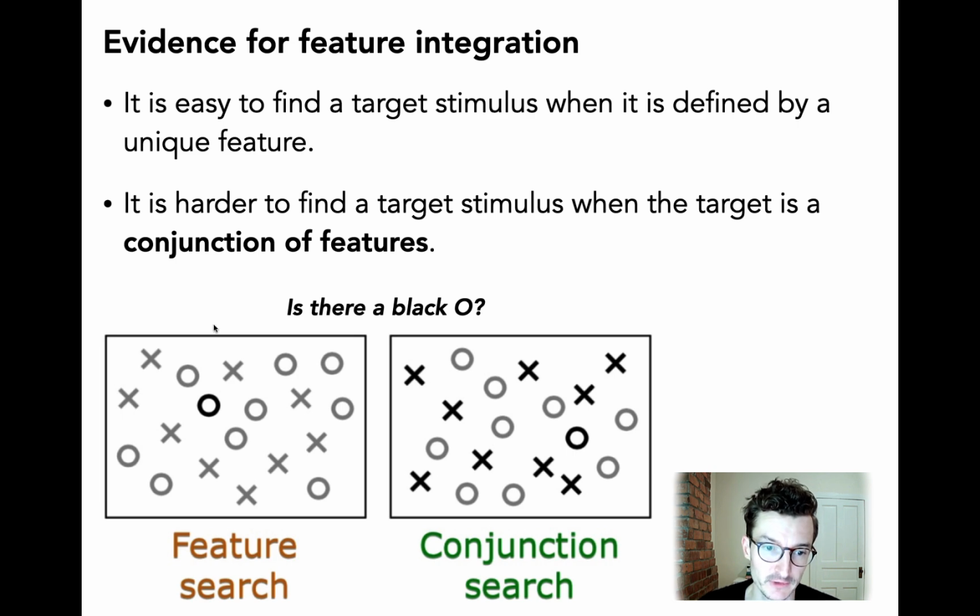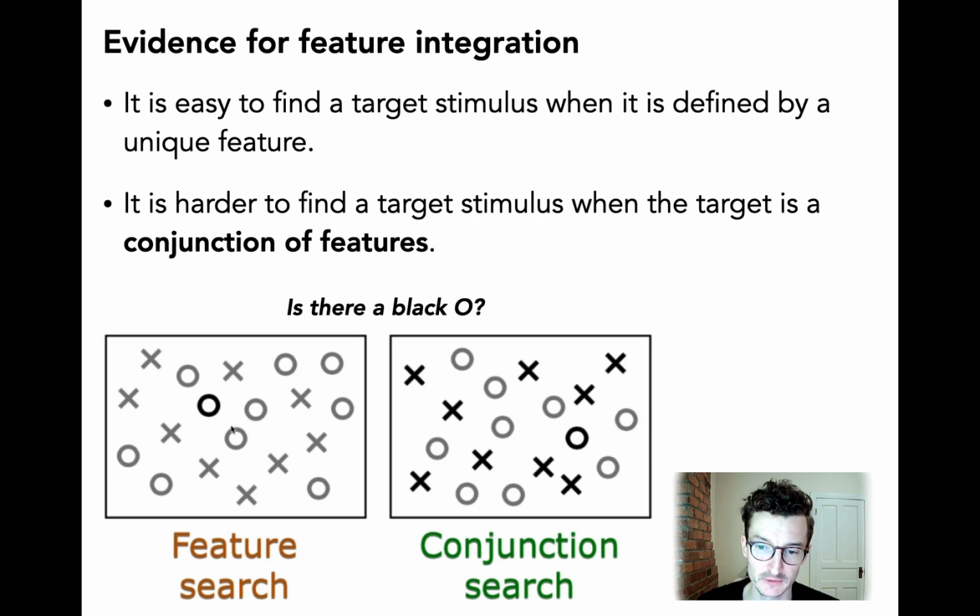So for instance, if you look at this image here on the left, right, and I ask you, is there a black O in this array? Very easy to spot that black O, right? It differs from all the other objects by one feature, in this case, color. Doesn't matter that there are other O's in the array, they're a different color. Very easy to spot that black O. This is called a feature search.